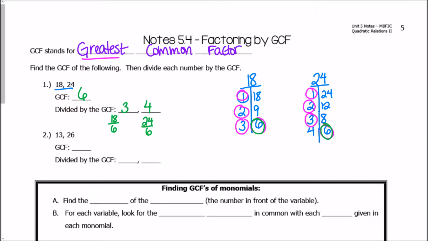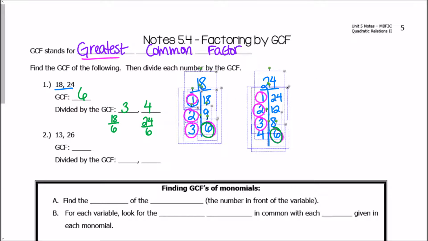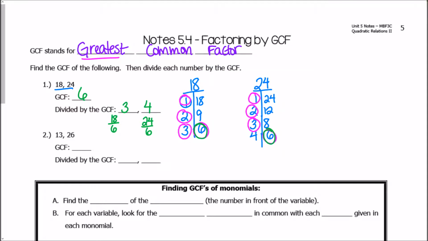Okay, so now that we've done that, let's do the same thing for 13 and 26. So let's make a chart for 13 and a chart for 26. For 13, I can divide 13 by 1, and 13 is a prime number, so that's all I can divide 13 by. 26 I can divide by 1, and I get 26, and I can divide 26 by 2, and I'll get 13.